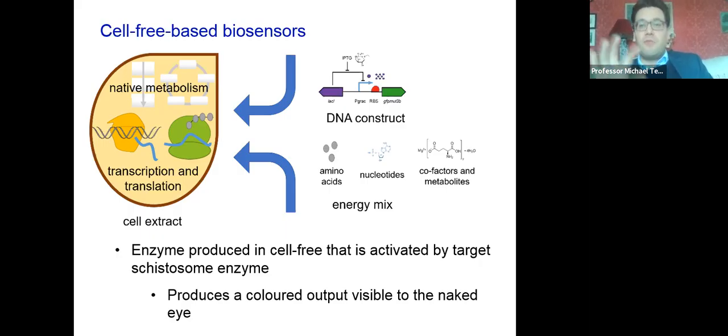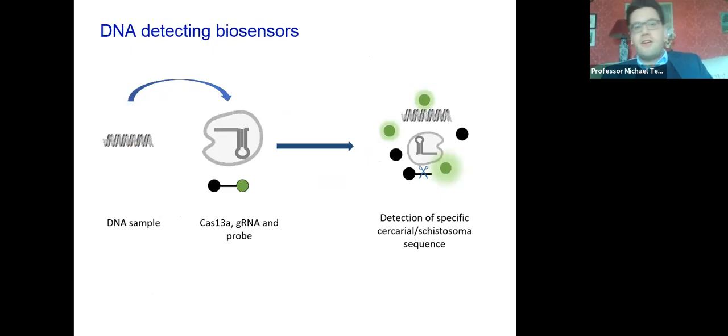So that was one way to do it, to measure this enzyme associated with the cercariae. Another set of biosensors they developed looked at the specific DNA sequences of the cercariae in the water. Again, that produced a colorimetric output by having a probe that you would attach onto the sequence.